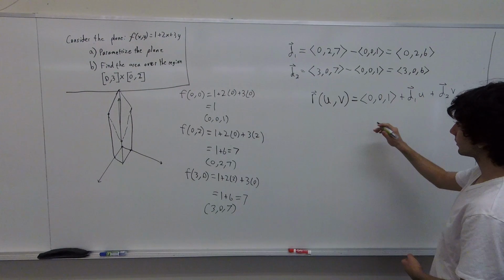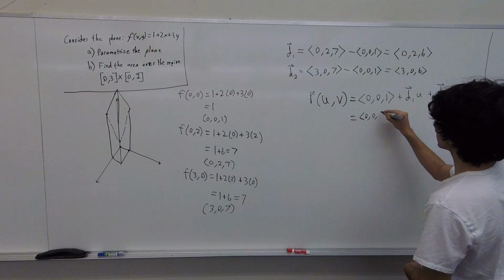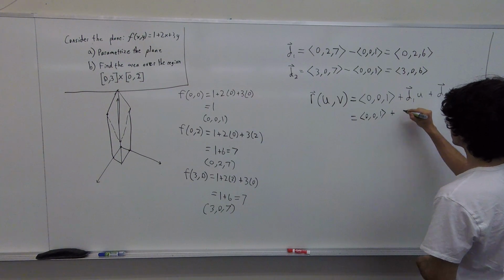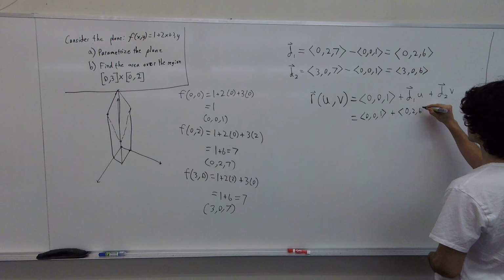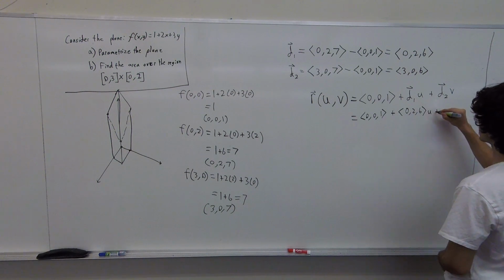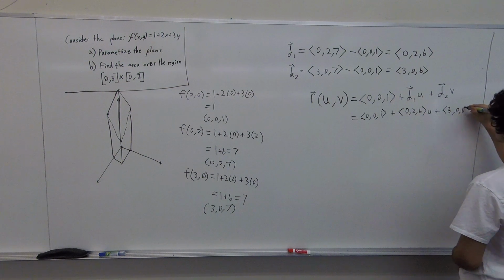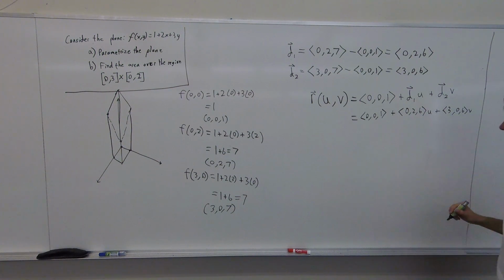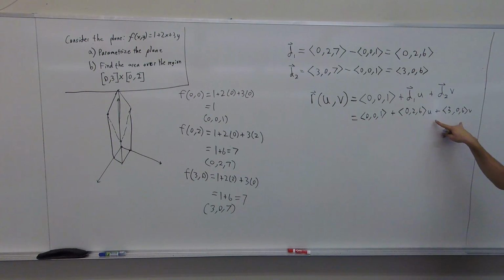And if we write this out fully, we get... and right now we could say that we're done because we do have a vector equation and it's in terms of two parameters.